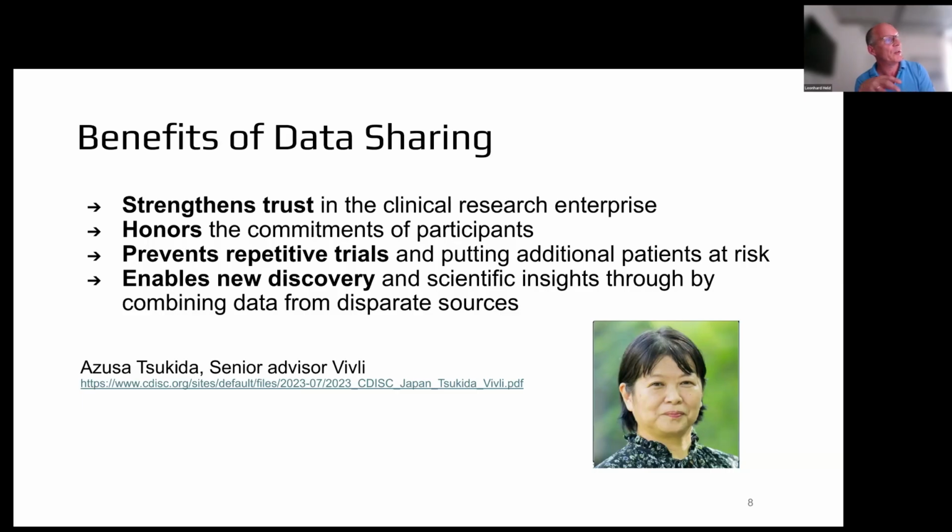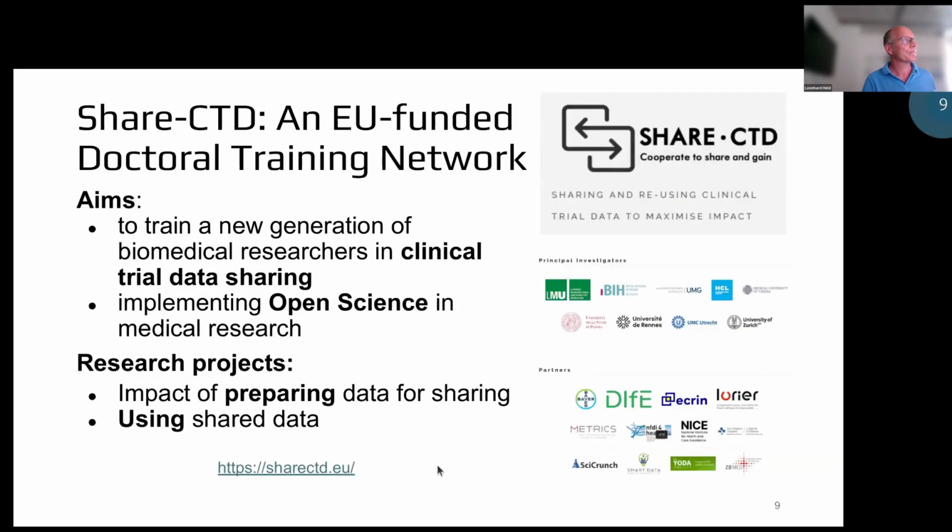And it enables new discovery and scientific insights by combining data from disparate sources. That refers to, for example, individual participant data meta-analysis. So many reasons why sharing clinical trial data will be of benefit.